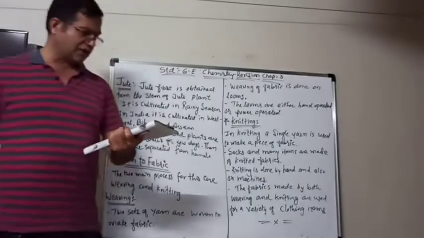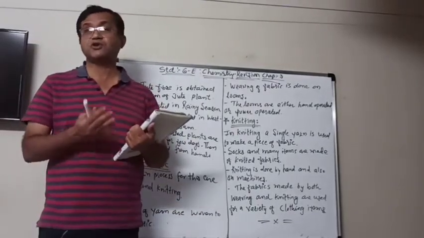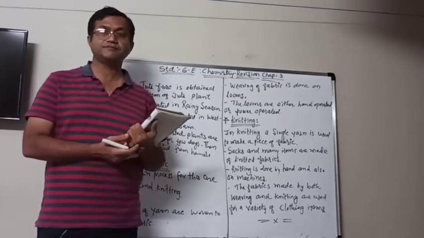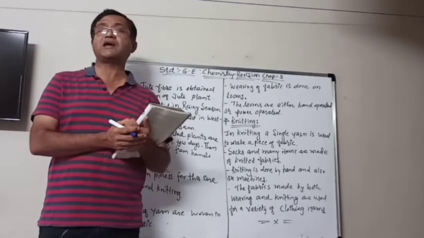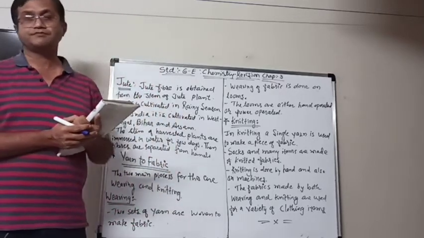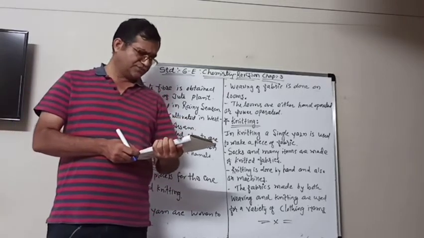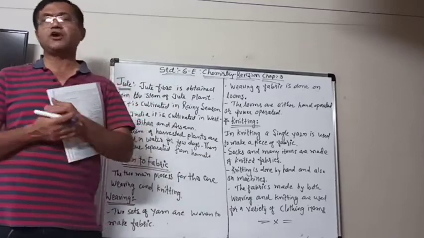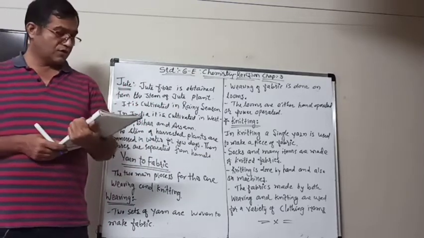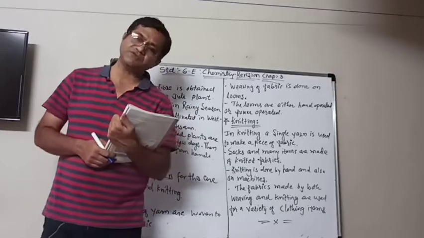So that is known as handlooms, and that fabric is also known as handloom fabric. And if it is operated by power, they are known as power looms. So that is the method of weaving to make fabrics from the fiber.